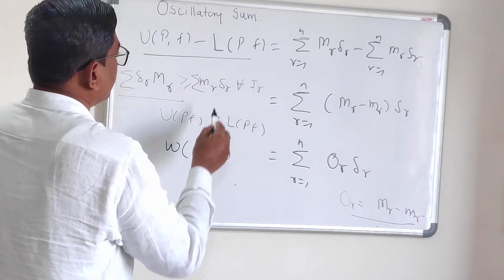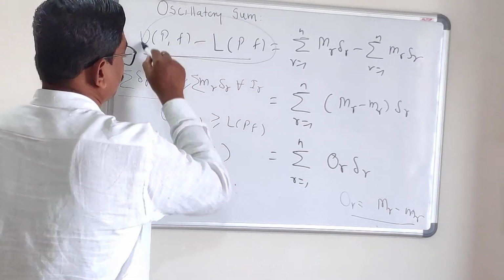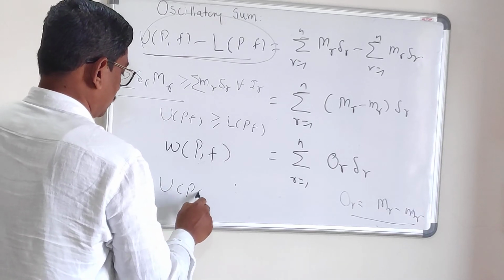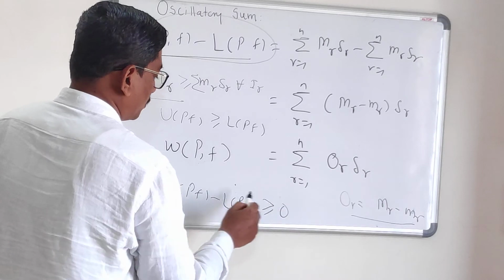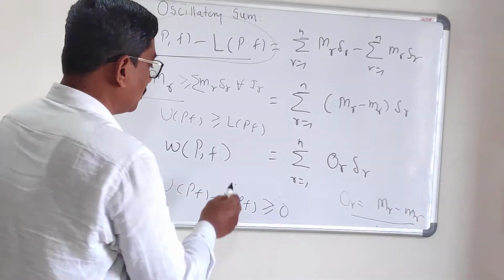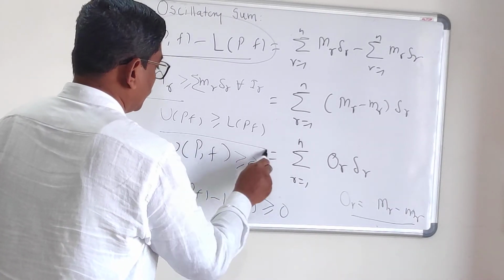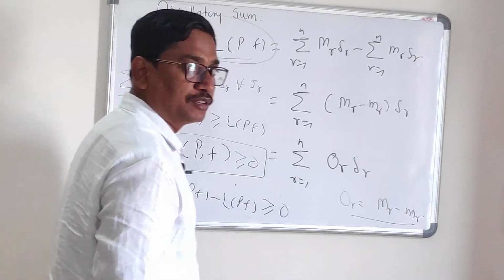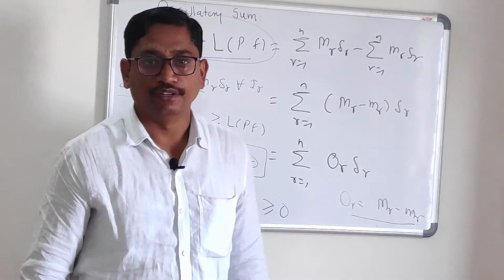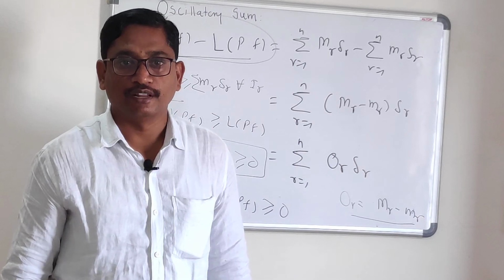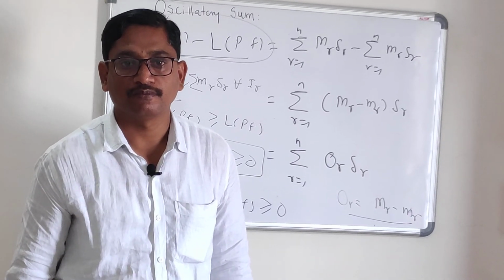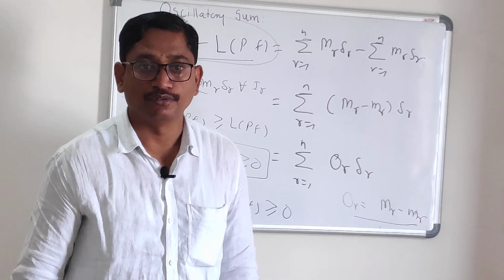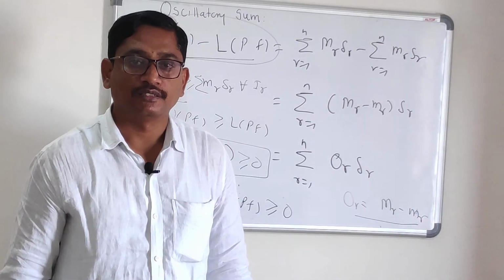So you can see the difference of this is always positive, or I can say non-negative if they may be equal. So this is always positive, that means the oscillatory sum is always non-negative. Keep this result also in mind: the oscillatory sum is always non-negative. So in the next lecture we'll see the important properties concerning the upper sum, lower sum, and these oscillatory sums, all those things by geometrical examples and all.